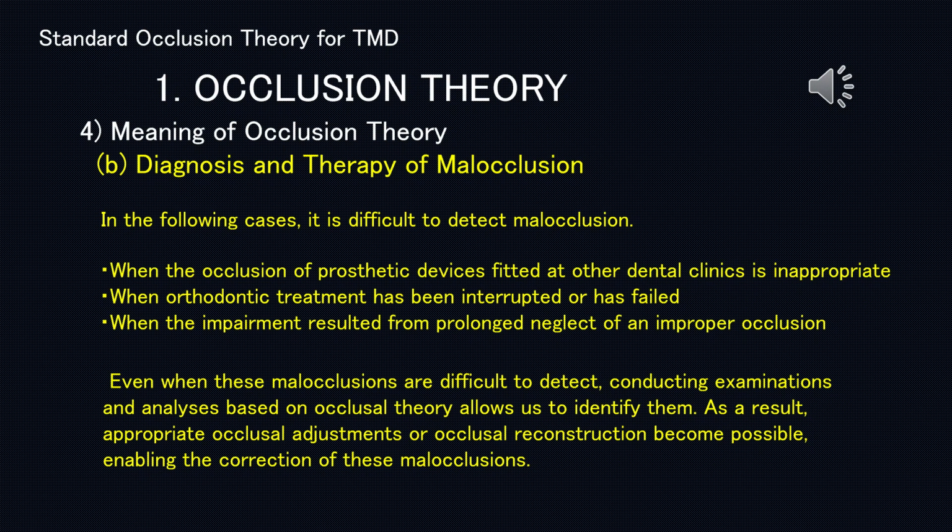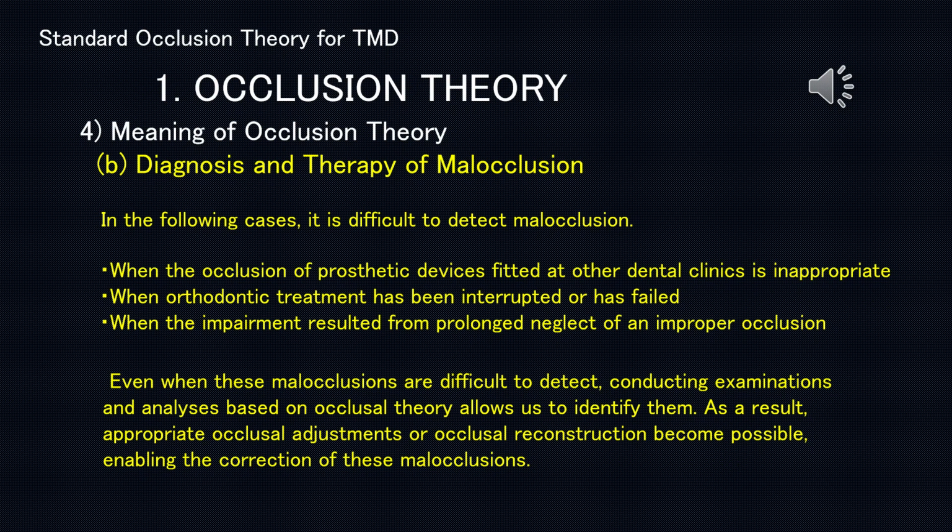B. Diagnosis and therapy of malocclusion. In the following cases, it is difficult to detect malocclusion. When the occlusion of prosthetic devices fitted at other dental clinics is inappropriate. When orthodontic treatment has been interrupted or has failed.